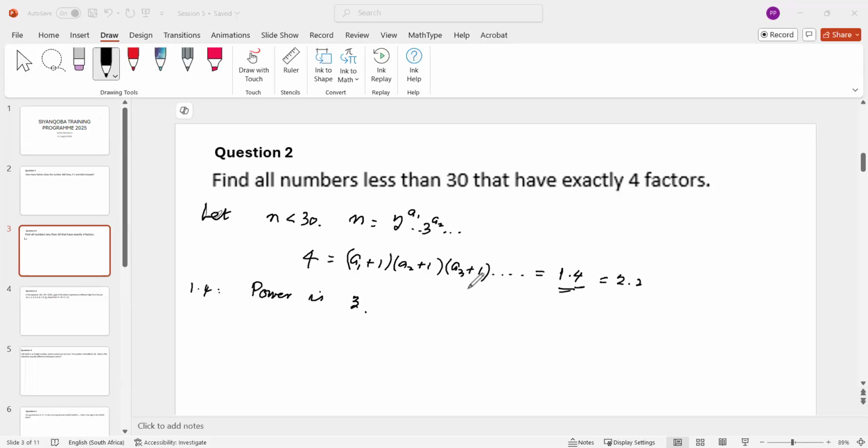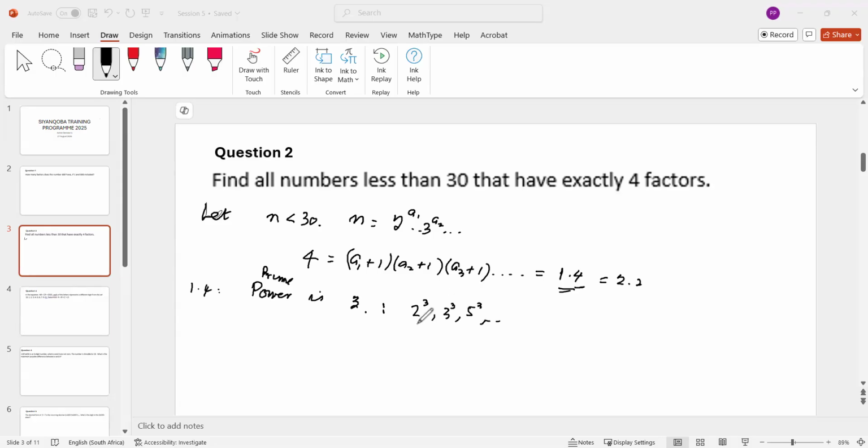So the power is 3, okay? Or the prime power. So here you have only one prime base, right? So what you have here is, which are the prime numbers whose power is 3? So you have 2 cubed, you have 3 cubed, and you have 5 cubed.